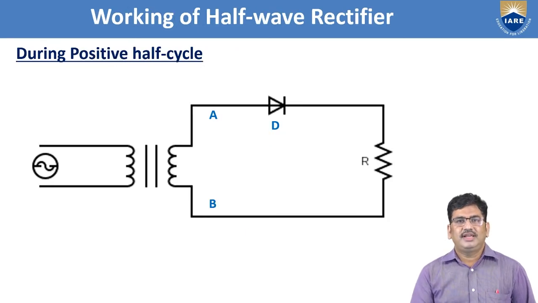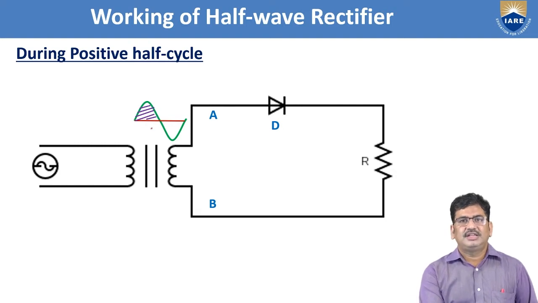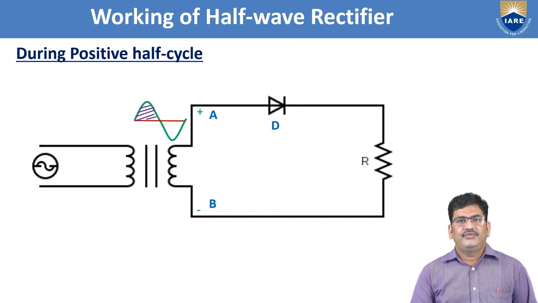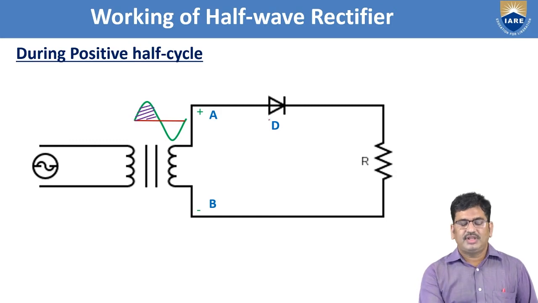During the positive half cycle, the signal which exists across the secondary winding is a sinusoidal signal. The shaded area is the input, which is the positive half cycle. During the positive half cycle, node A is positive and node B is negative. So when we give a positive half cycle to the rectifier circuit, for the diode D, the P-type material is connected to positive potential and the N-type material is connected to negative potential through the load resistance.